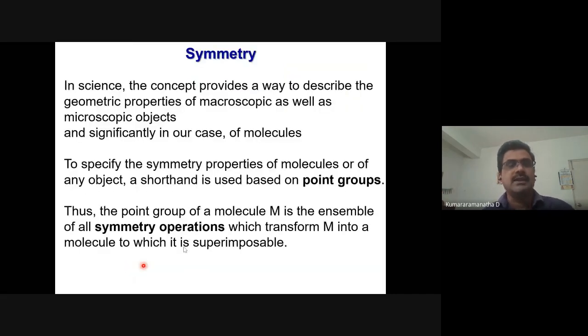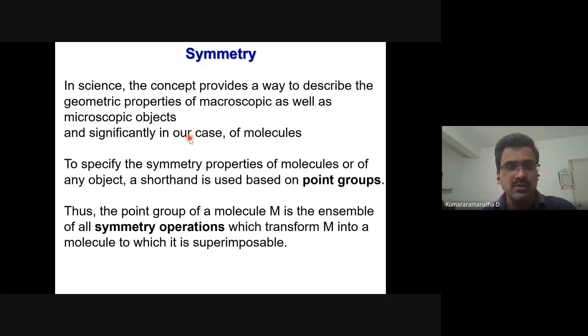In symmetry, we talk about the concept which describes geometric properties of macroscopic as well as microscopic objects.